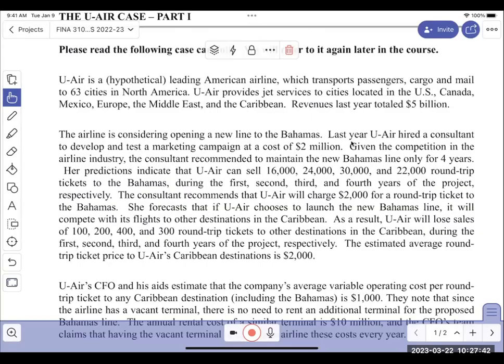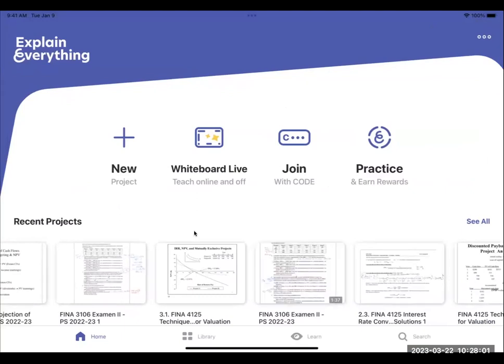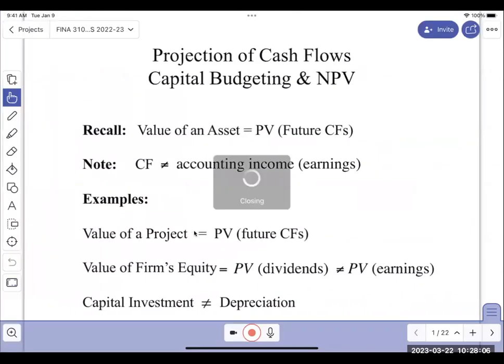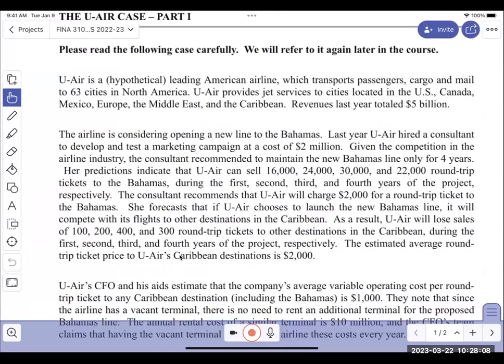Okay, so let's read this together. Let me double check that you have the revised version, because I just made a few minor edits.